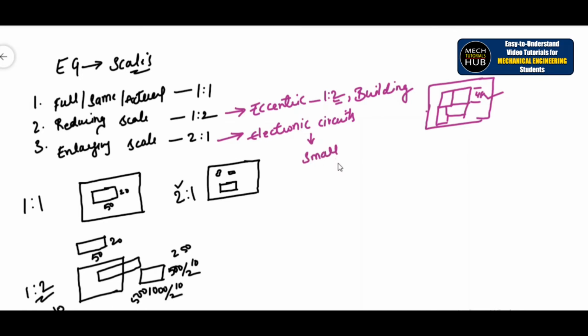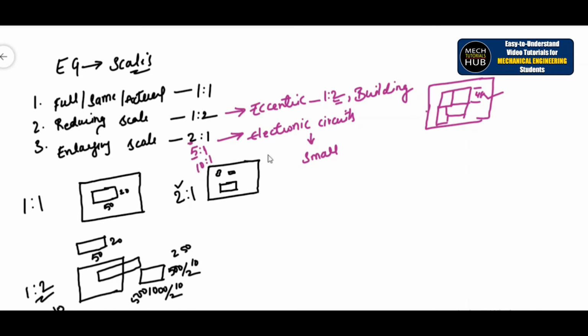Okay, to show the circuit on an enlarged scale, maybe we go with 2:1 or 5:1 ratio or 10:1 ratio, it all depends. Okay, so that is increased by 5 units or 2 units or 10 units.